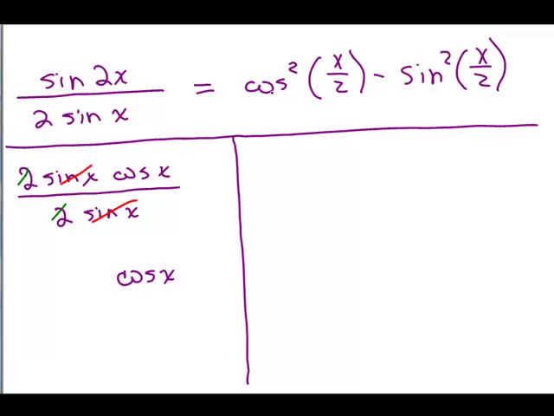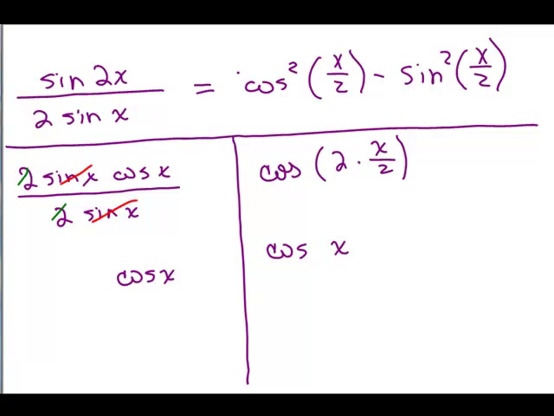So the cosine of 2 theta is cosine squared theta minus sine squared theta. But instead of just an x or a theta, I have x over 2. So this is really the double angle identity, double that angle there. So that's the cosine of 2 times x over 2, which is the cosine of x. And there you go. Got the same answer on both sides.